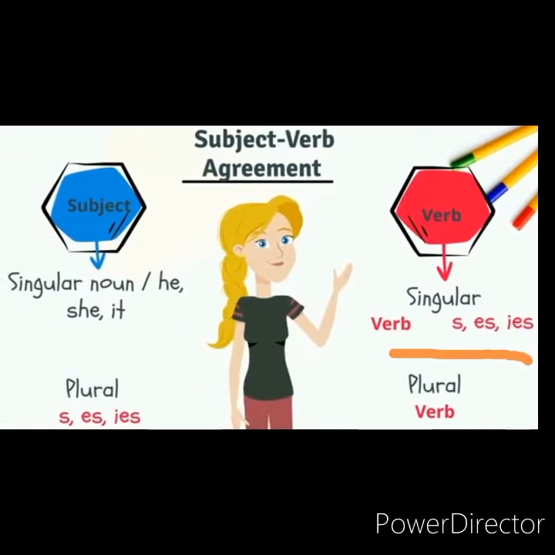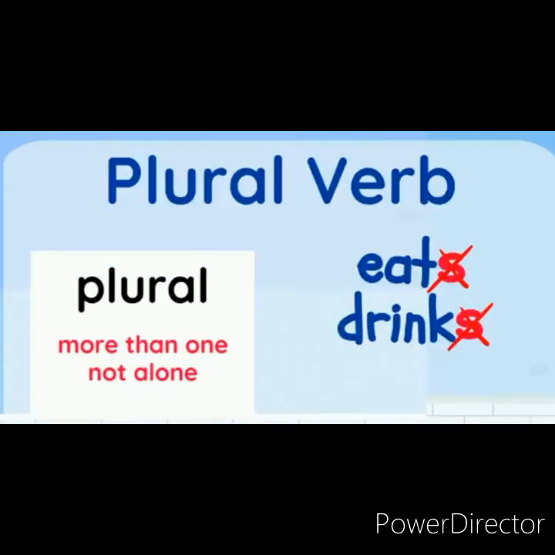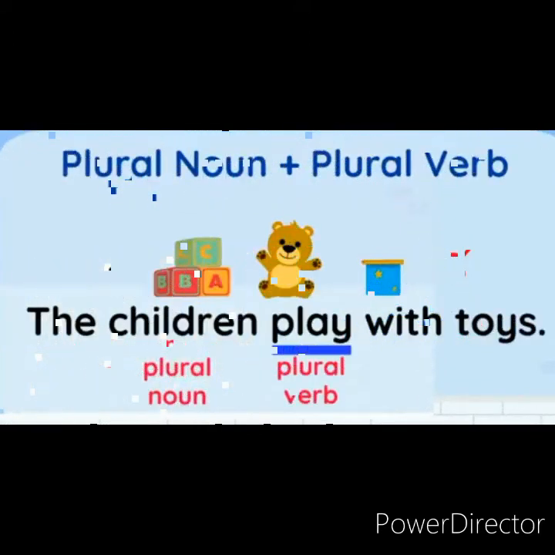If any verb has s, es, or ies, it is a singular verb. Please remember that plural verbs remain the same. Verbs never form their plural by adding s, es, or ies. Plural verbs always remain the same.